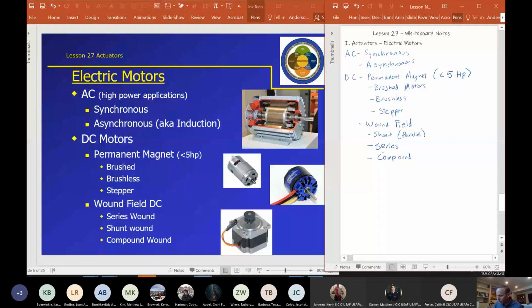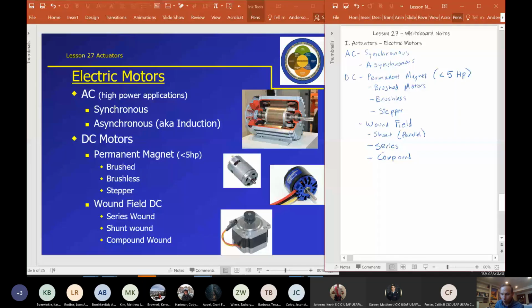Okay, so first, we'll just talk about some simple terminology. This is an example of a permanent magnet DC motor, but the terminology is generally applicable to AC motors as well. You have something called a stator and something called a rotor.